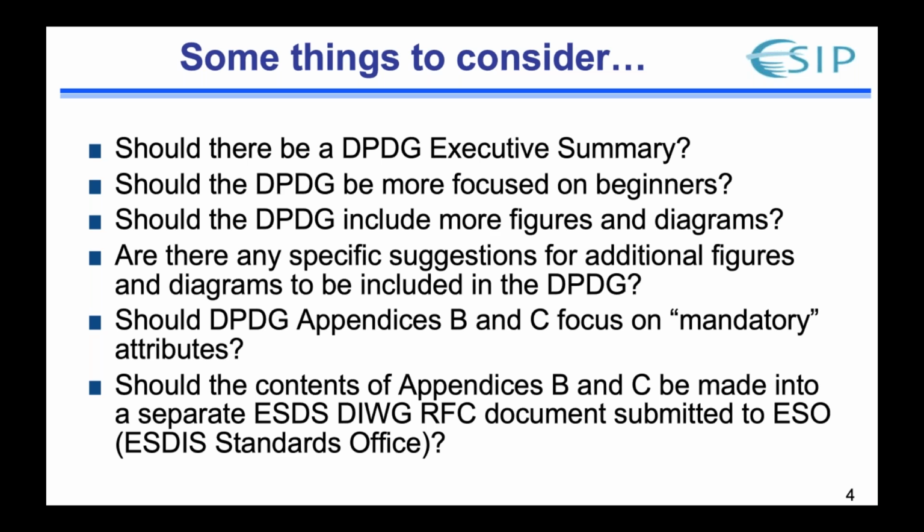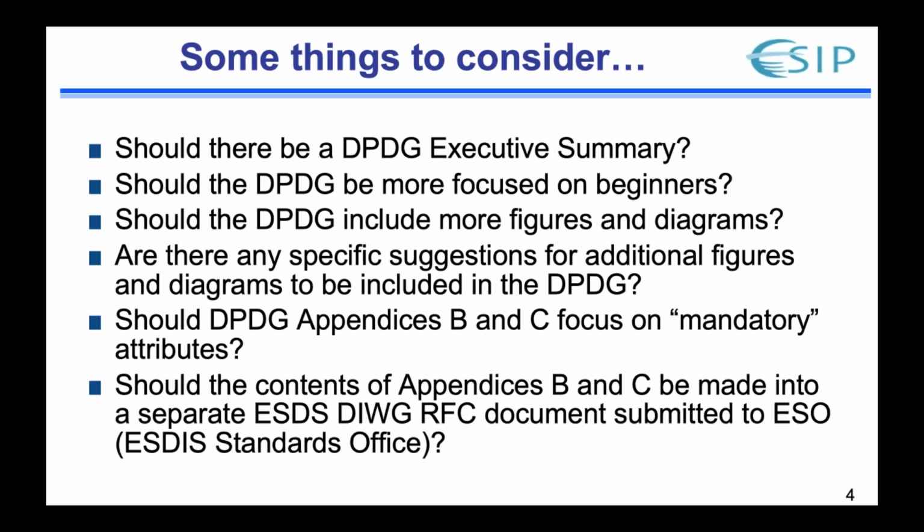And third bullet, I think several people mentioned this, there probably should be more figures and diagrams included. And fourth bullet, if you have any specific suggestions, then I would say comment in the Google Doc. Say, I think a figure would fit in well here, on what a swath diagram or something like that.